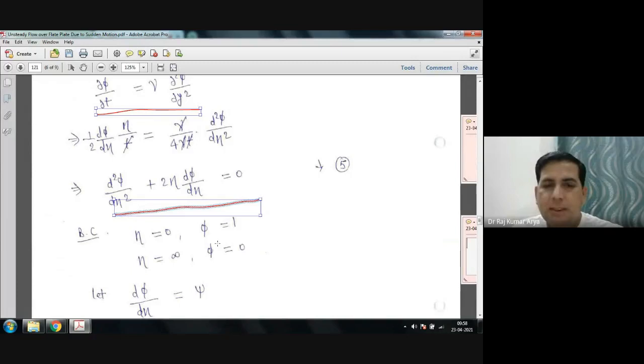What is your first boundary condition? At y equal to 0, the velocity of the plate is u naught, and the fluid velocity is also u naught. So phi is 1 at y equal to 0. Therefore eta is 0 for all time t greater than 0, since y upon under root of 4 nu t at y equal to 0 would always be 0. Correct?